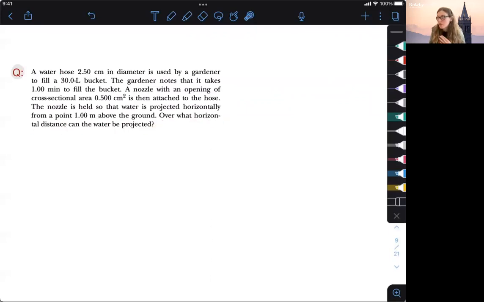Over what horizontal distance can the water be projected? This is a two-part problem, and I want to give you a chance to try this one. It uses the relationship between the area and the velocity, and then at the end there is a projectile motion problem where they want to figure out over what horizontal distance the water can be projected.